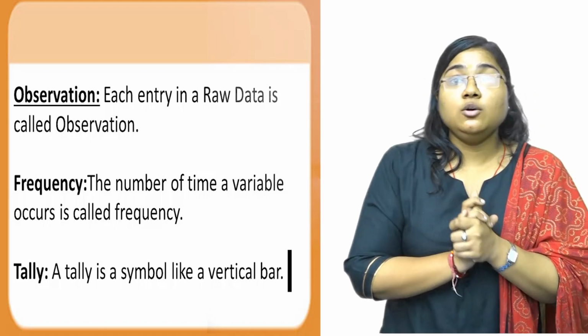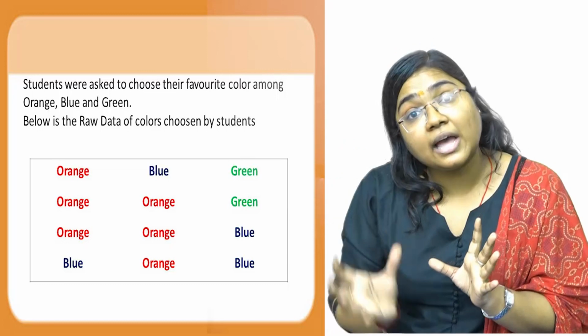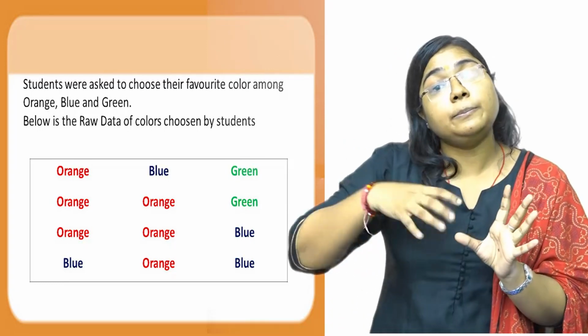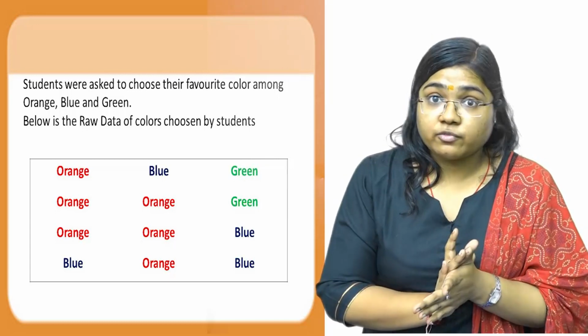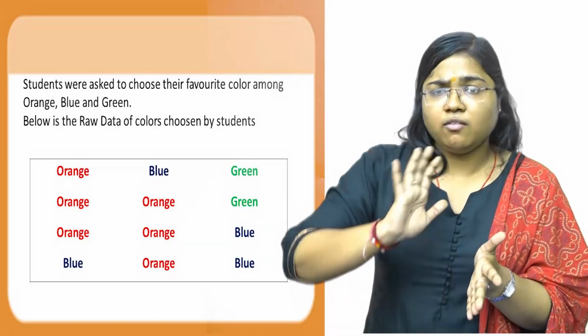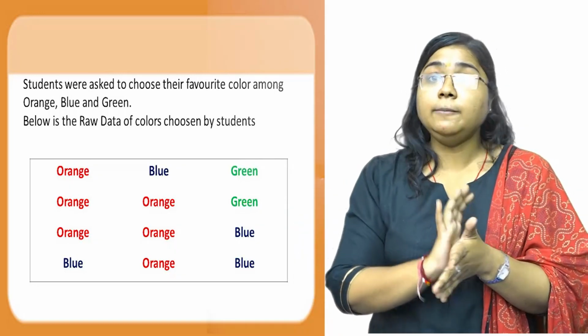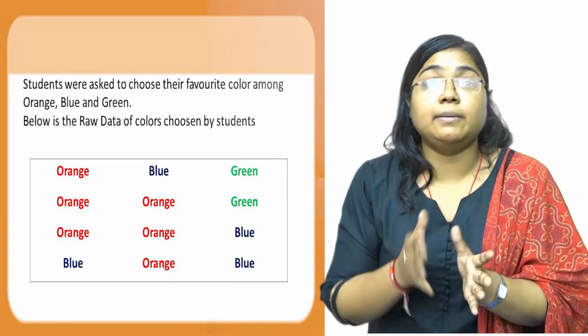Okay. Now move on to how we can organize data, how we can represent data. The first method is the tabular form, which we call the frequency table. We already understood the meaning of frequency. Now let's make the frequency table.